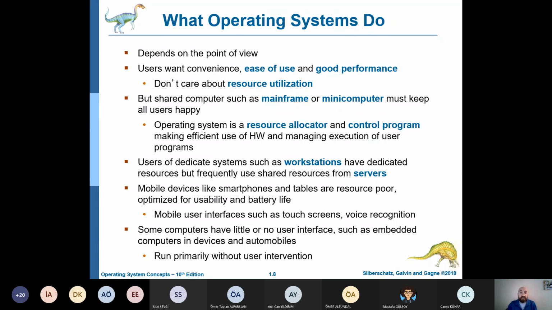Based on the design, different hardware needs different types of resource management, such as workstations, servers, mobile devices, or even embedded computers in autonomous vehicles, because all of those structures need resource management. So based on the hardware, the devices need different resource management techniques.